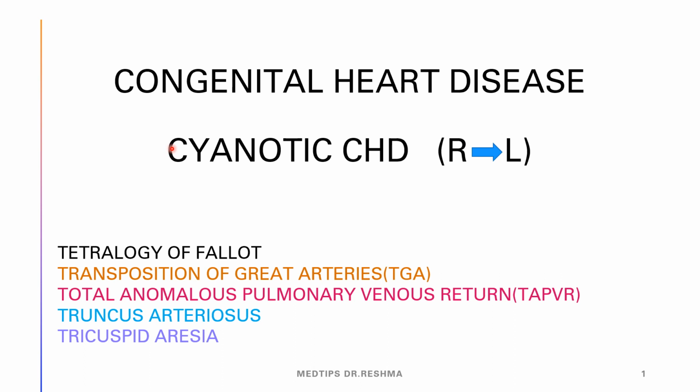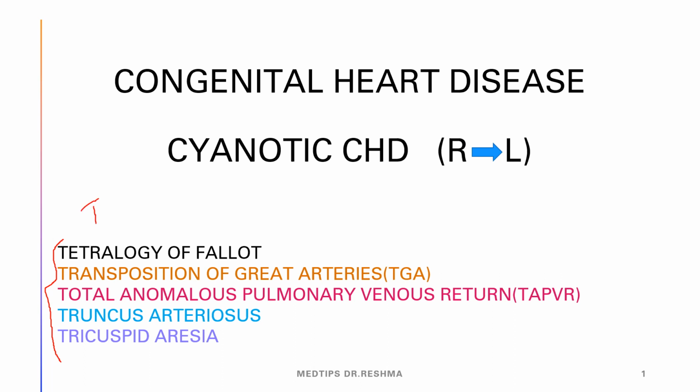So we can divide congenital heart disease into cyanotic and acyanotic congenital heart disease. Cyanotic congenital heart disease means the baby will have a right to left shunt, and this results in cyanosis. All the conditions included in cyanotic congenital heart disease start with T, so it's very easy to remember.